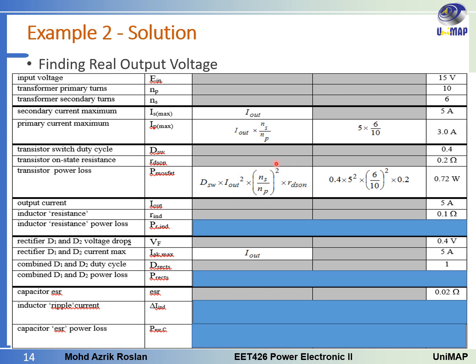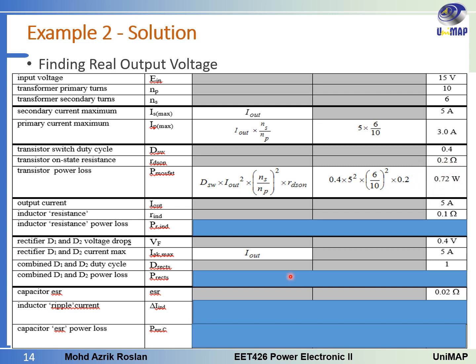So this one is just the current at the primary, because we have the I out square multiplied by NS over NP. This is just to get the value at the primary side. So 0.4 multiplied by 5 square multiplied by 6 over 10 square multiplied by 0.2, and you will get 0.72 watt.